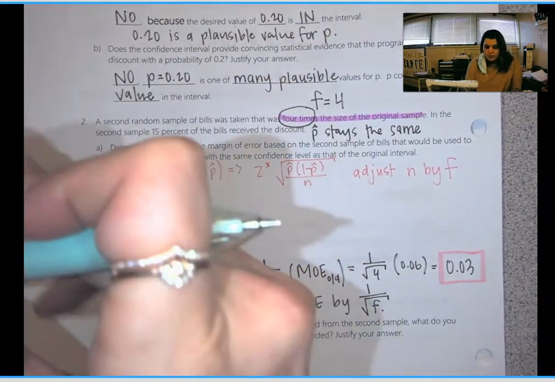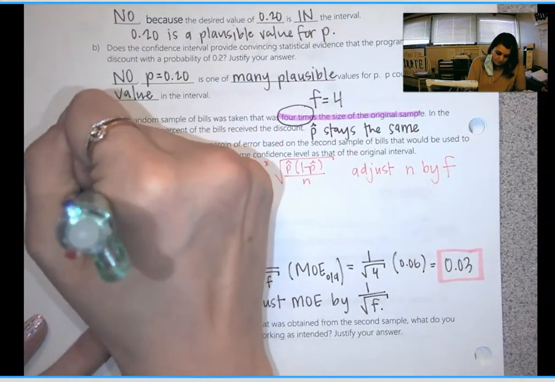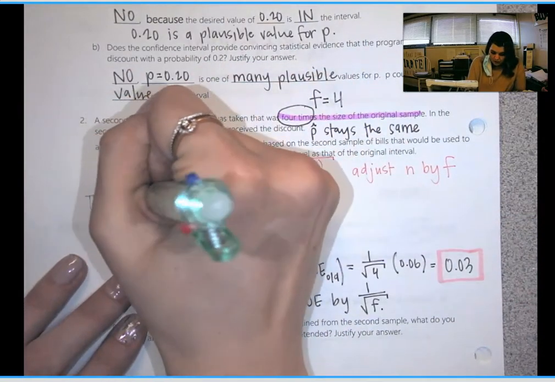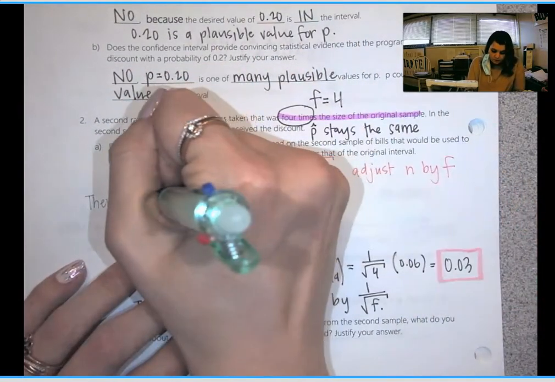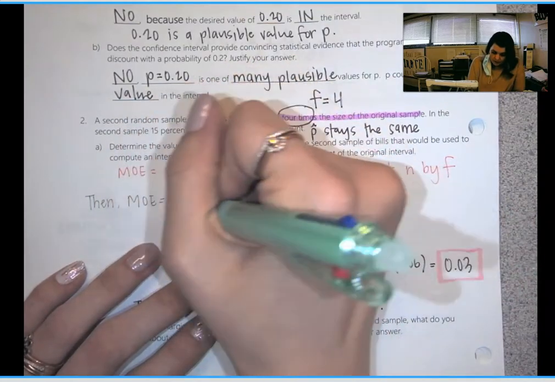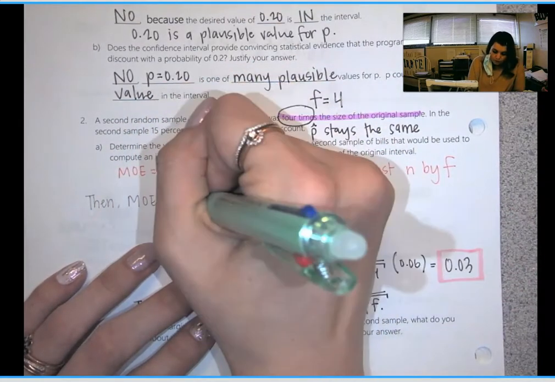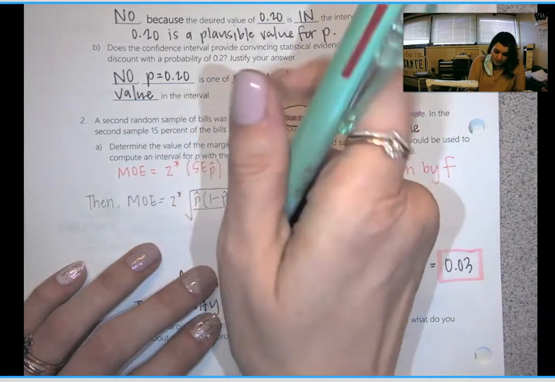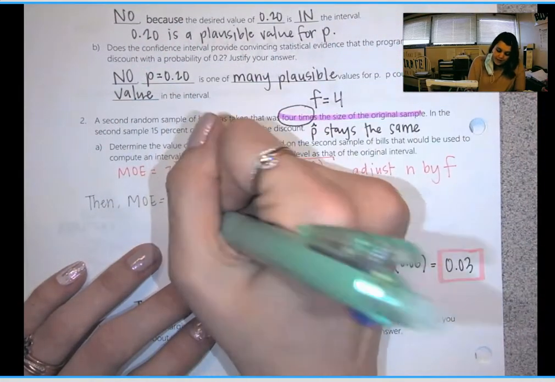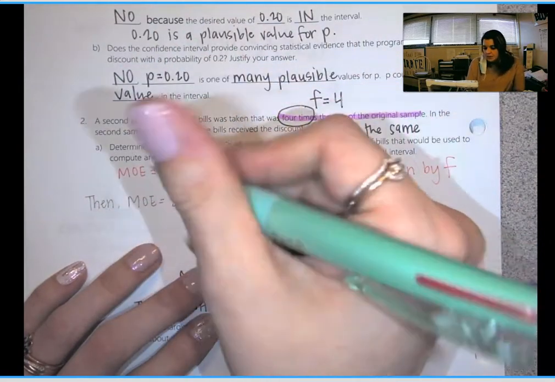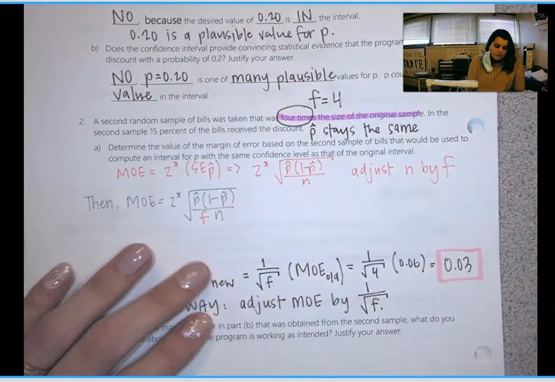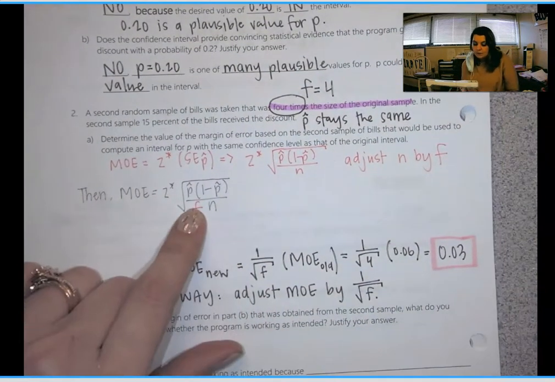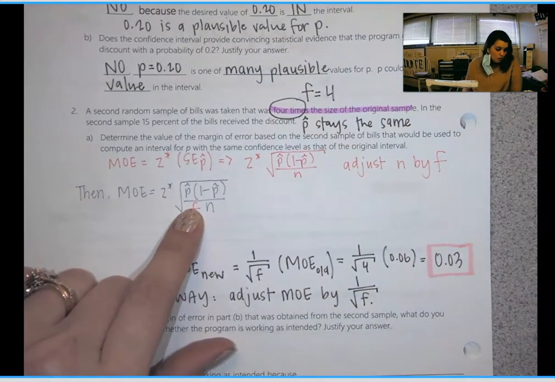Margin of error is our z critical multiplied by the root of p hat (1 minus p hat) all over f times n, because remember, we're adjusting our sample size by a factor of 4.